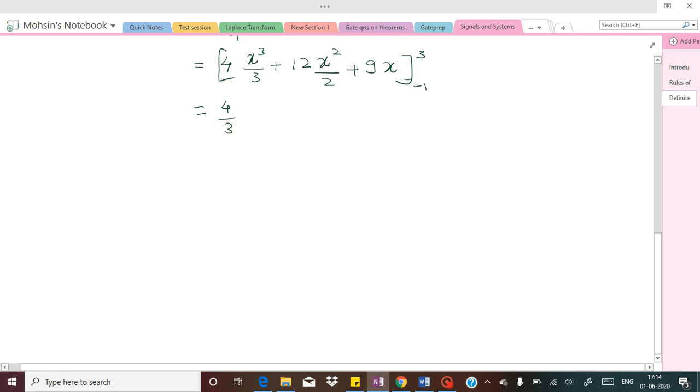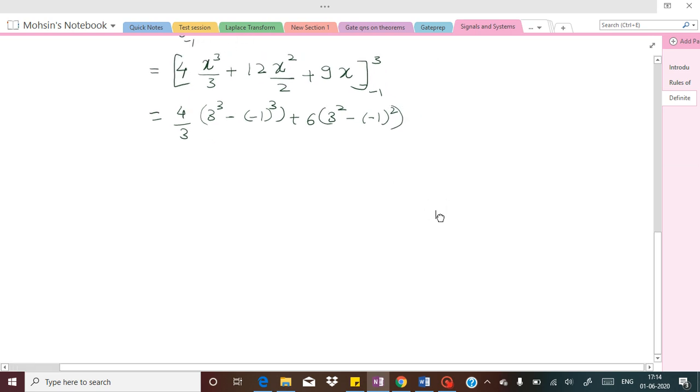Let me keep 4 by 3 constant as it is, then x raised to 3, so 3³ minus (−1)³ for the first term. Plus 12 by 2, which directly becomes 6, times x², so 3² minus 1² for the second term.